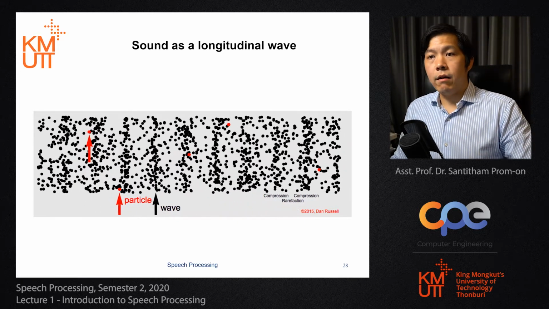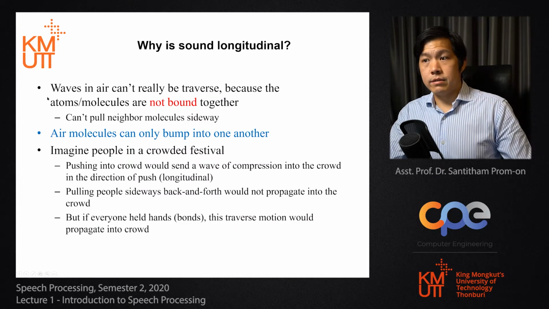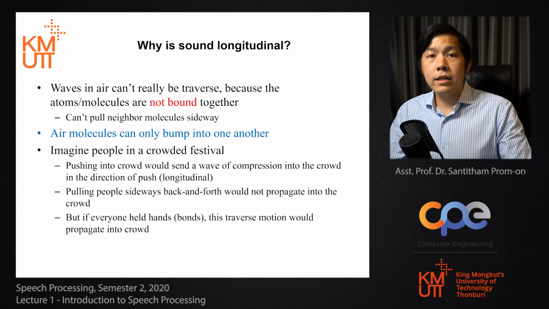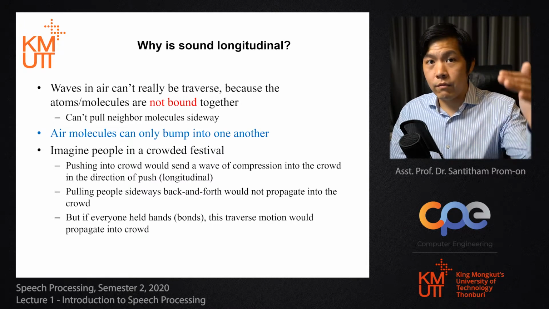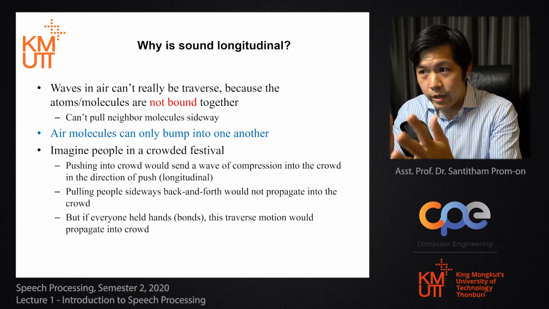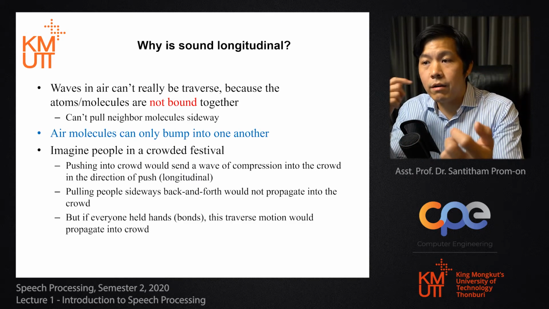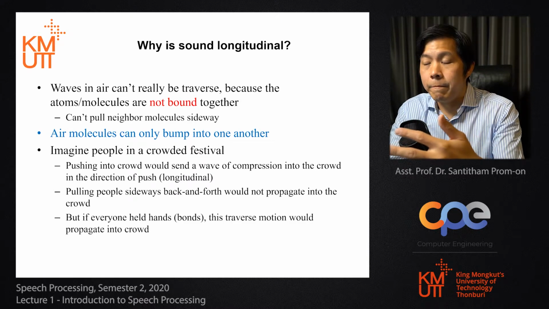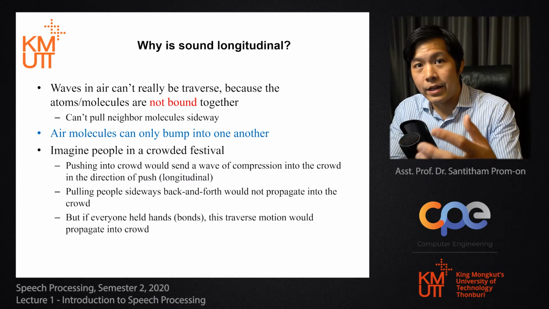Because of this, the particles in air cannot be transverse. Transverse means up and down. They can only be pulled together or pulled apart. And the reason they bump together is that certain molecules tie the air together.